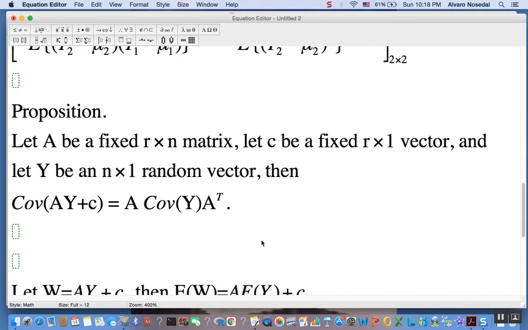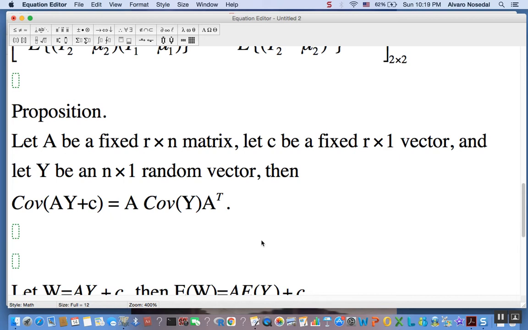So at the beginning I said I would like to use the concept of covariance matrix to find the covariance matrix of beta hat and epsilon hat. Beta hat, you know, is our vector with the estimators of the beta parameters. Epsilon hat is going to be our vector of residuals, and I would like to find the covariance matrix of the vector of residuals.